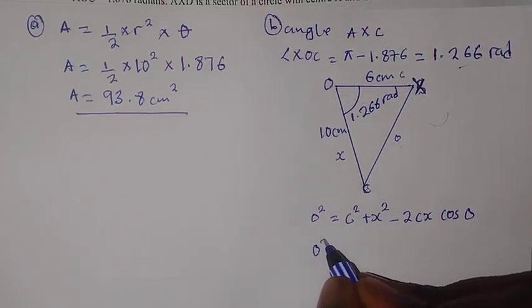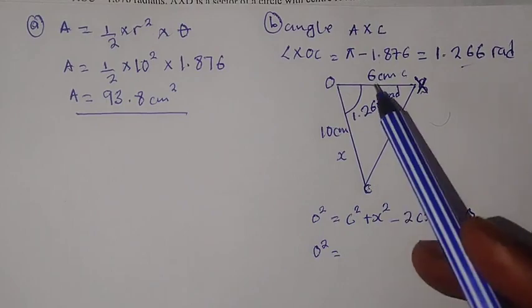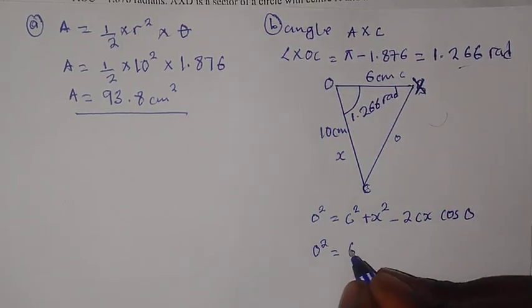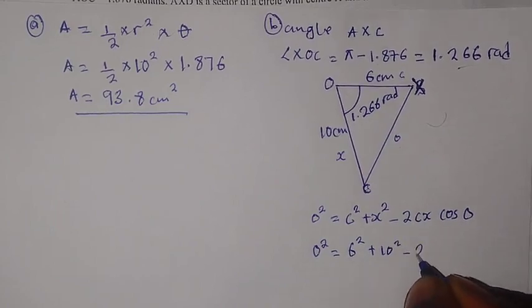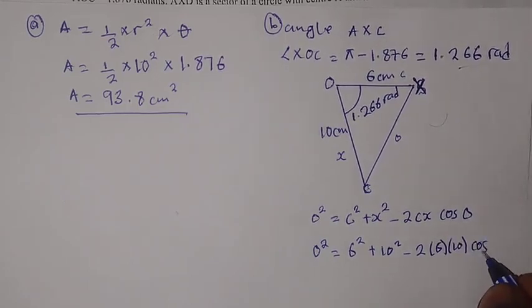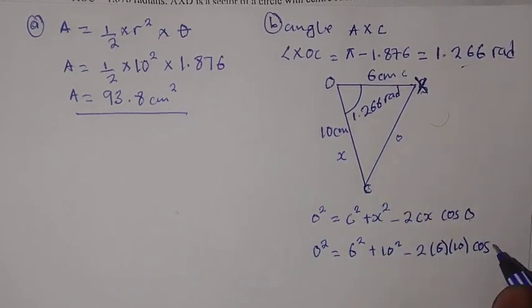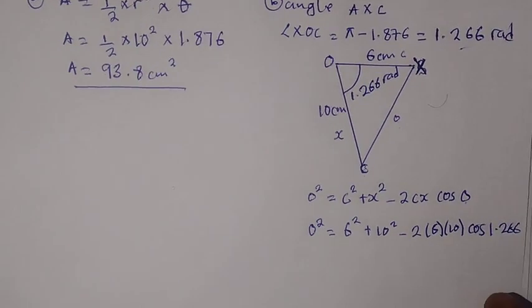So o squared is equal to 6 squared, our c, plus 10 squared, our x, minus 2 times 6 times 10, then cos of this angle, which is 1.266. I hope this is clear.